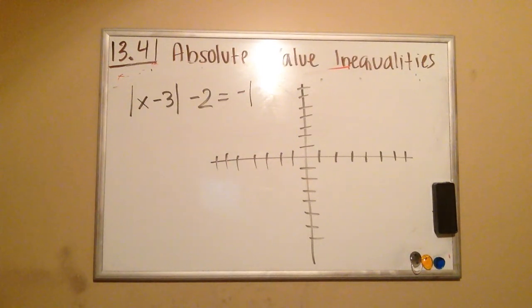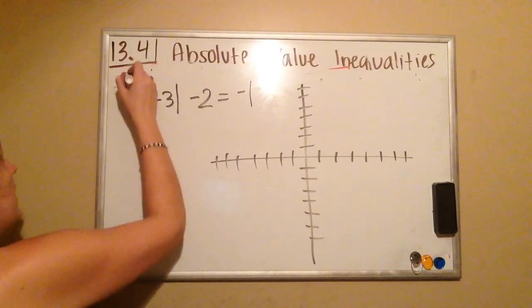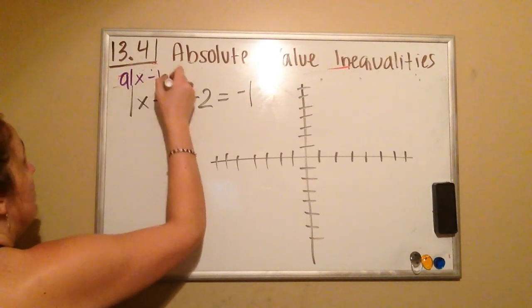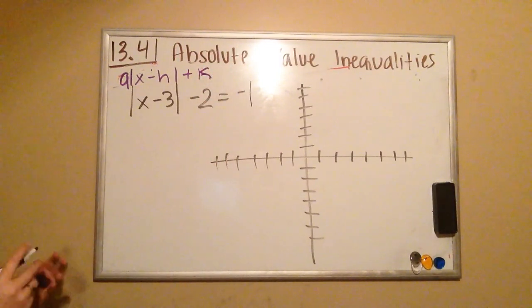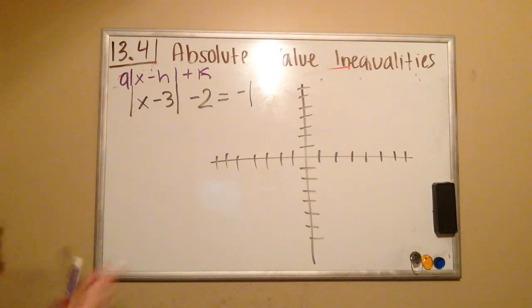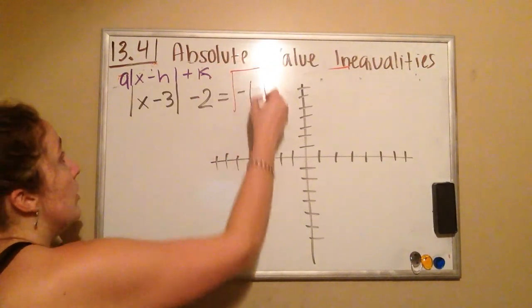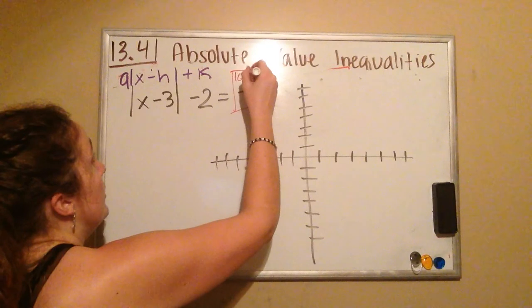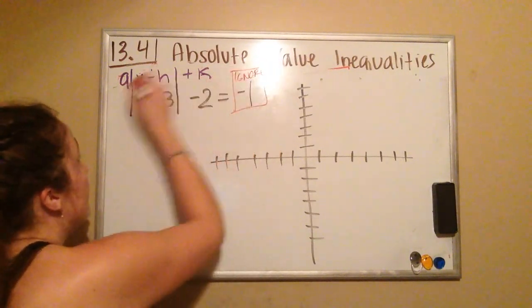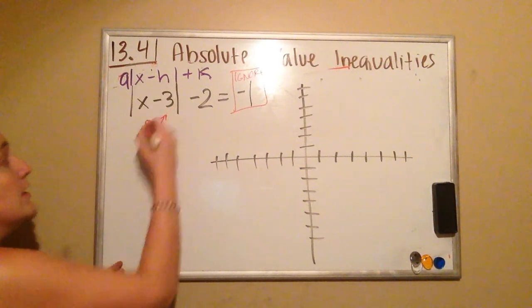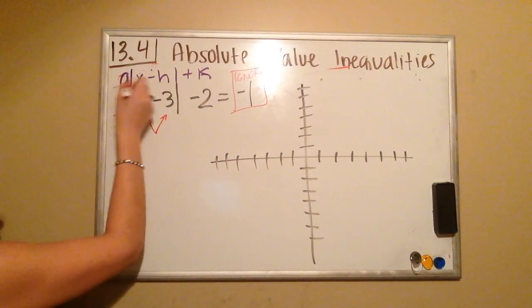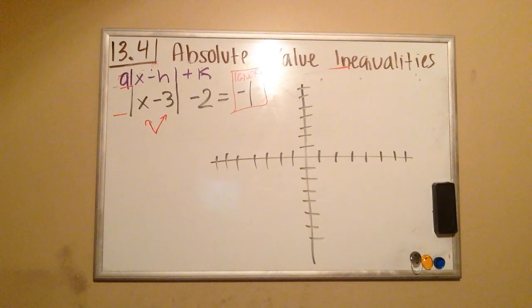So we have learned to identify what the A, H, and K is of a standard form of an absolute value. What we're going to do right now is completely ignore this negative 1, and graph this absolute value, which I will remind you should be in the shape of a V, facing upward, because this A is positive.